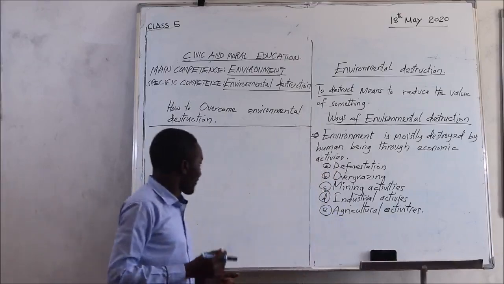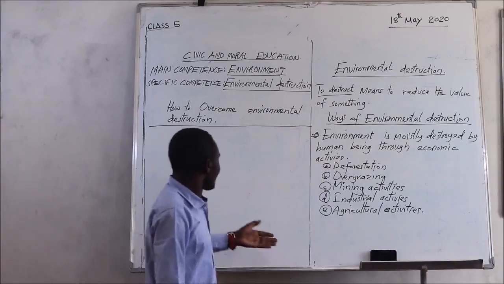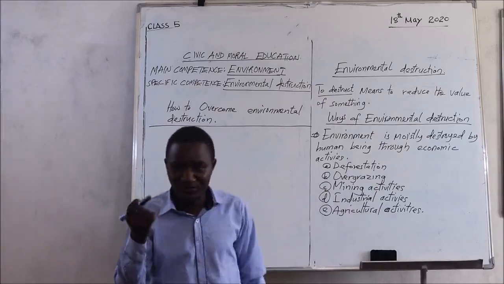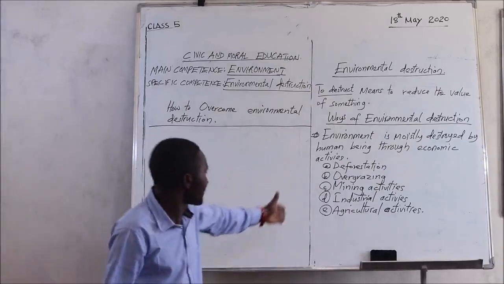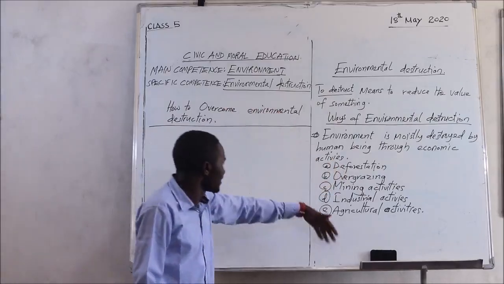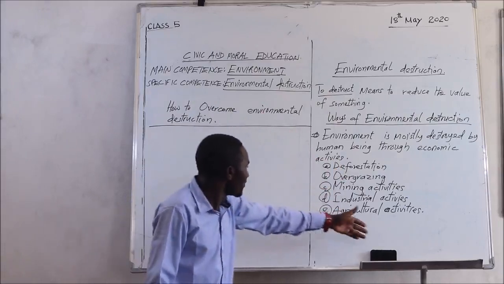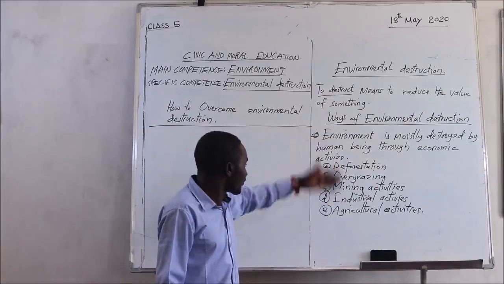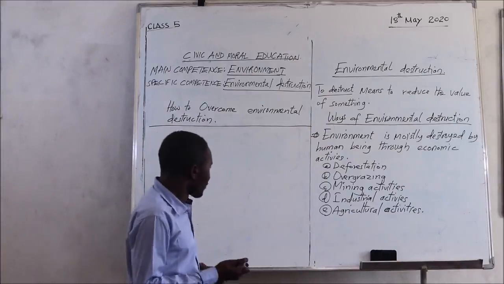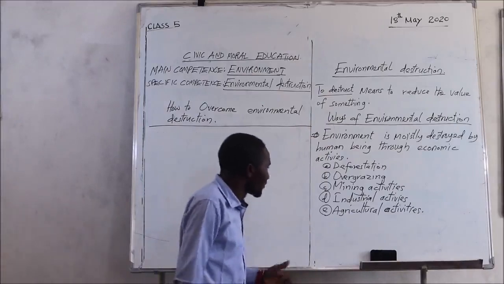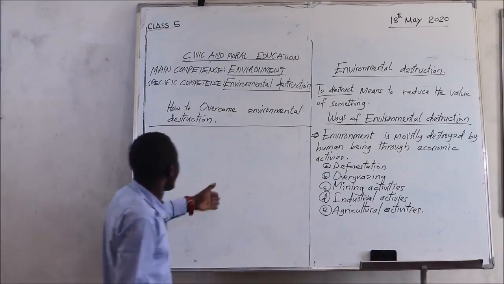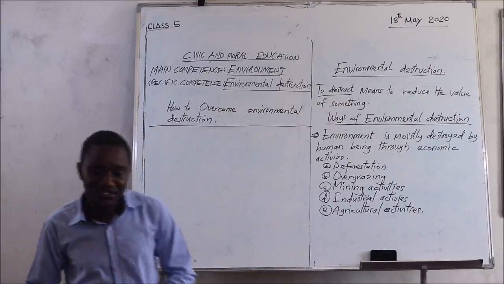Firstly, we have already seen the ways of environmental destruction. So in order to stop this problem, we are supposed to stop these causes. We are supposed to stop deforestation, we are supposed to stop overgrazing, and to use good ways of mining activities. Also in agriculture, we are supposed to use good ways when we conduct these activities. So how to overcome environmental destruction?